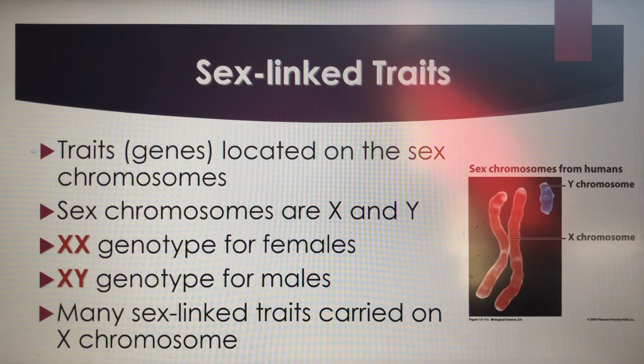And that's why a lot of times with sex-linked traits on the X chromosome, we will see that males have an increased expression of recessive sex-linked traits, because males don't have a spare copy.